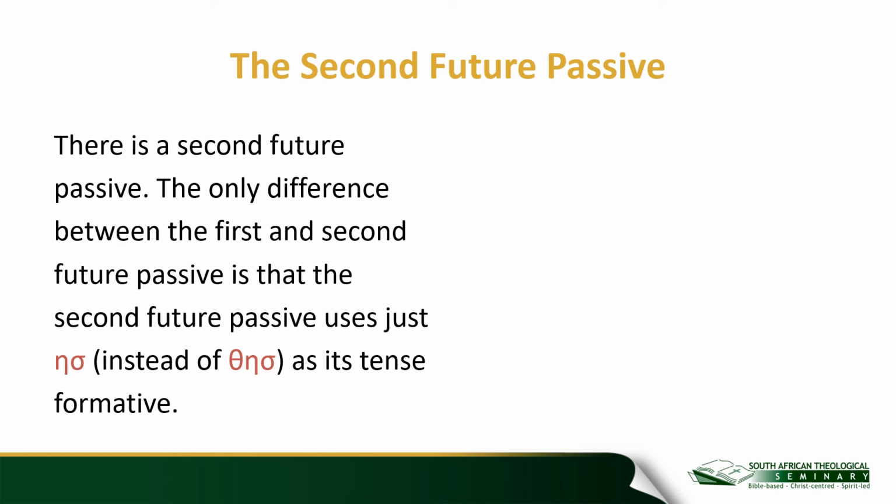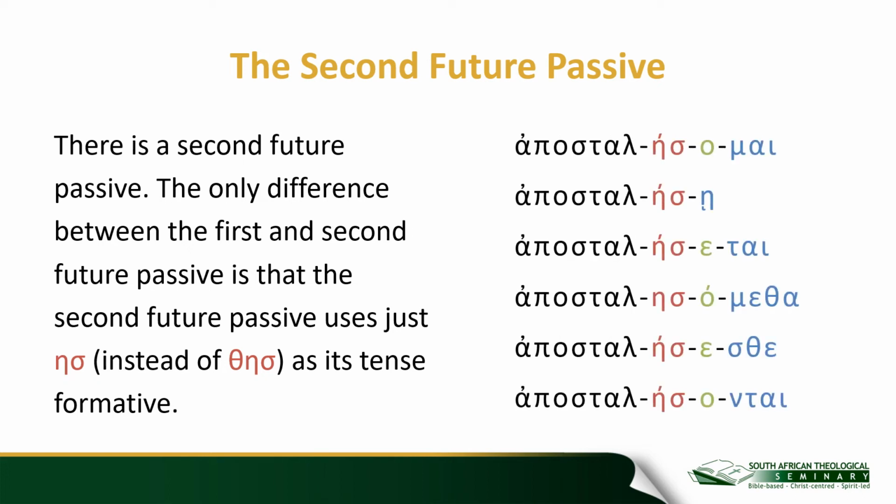There is a second future passive. The only difference between the first and second future passives is that the second future passive uses just ē instead of thēs as its tense formative. For the rest, the second future passive is exactly the same as the first future passive. Mounce uses apostal as the root in order to illustrate the paradigm.